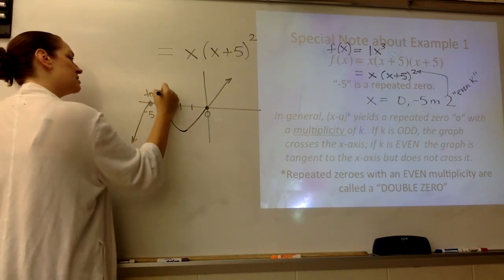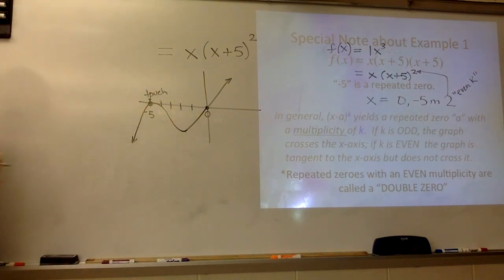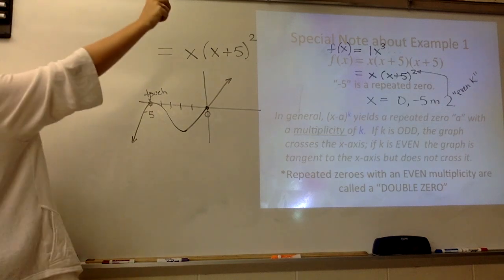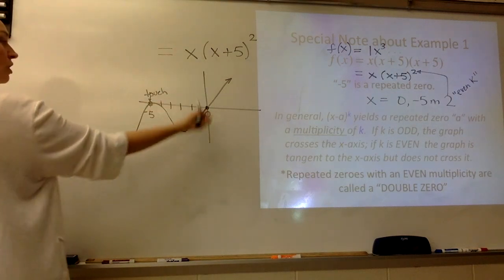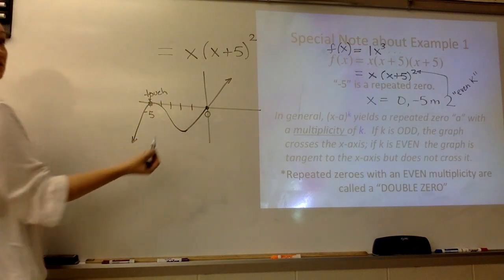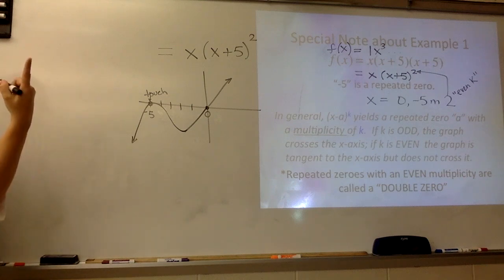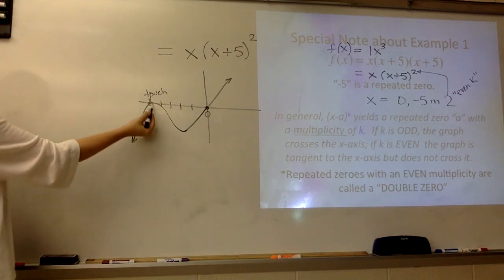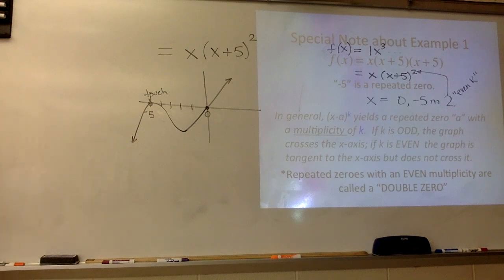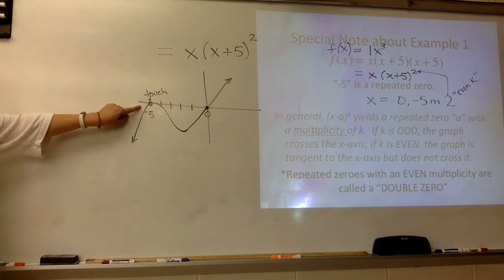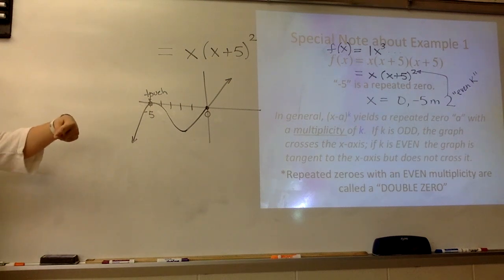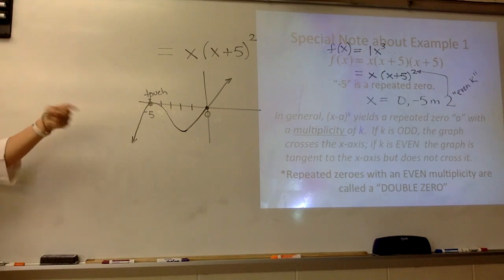So notice this is going to be a touch right here. It does not cross the axis. It rises right, falls left, crosses at 0, which, by the way, has a multiplicity of 1, so that's a cross because it's odd, but it touches at negative 5. The touch isn't just because it's repeated, it's repeated an even number of times.